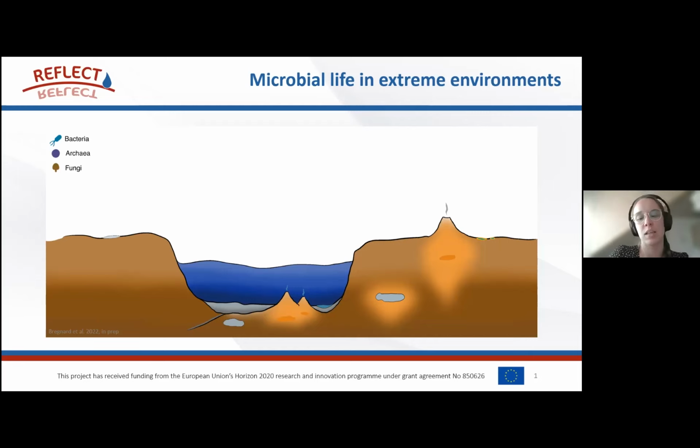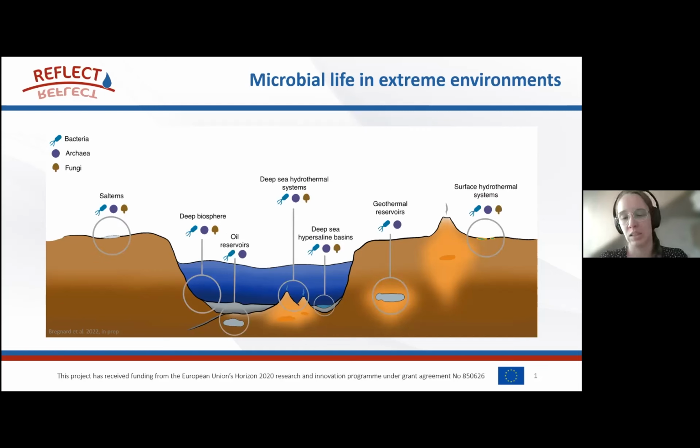If we look at all these extreme ecosystems, as you can see here, we have detected in the last few decades some microbes in these systems. If you look at geothermal reservoirs more precisely, bacteria and archaea have already been detected in some of these systems. However, fungi were not detected yet.